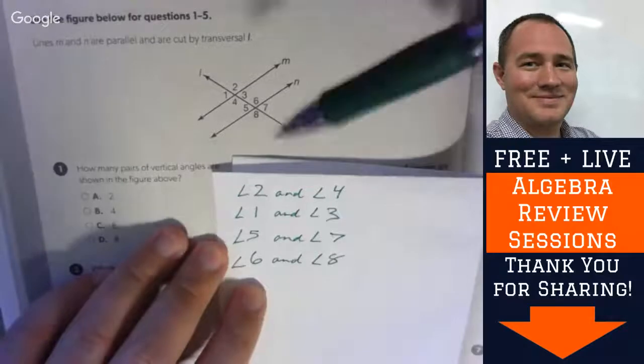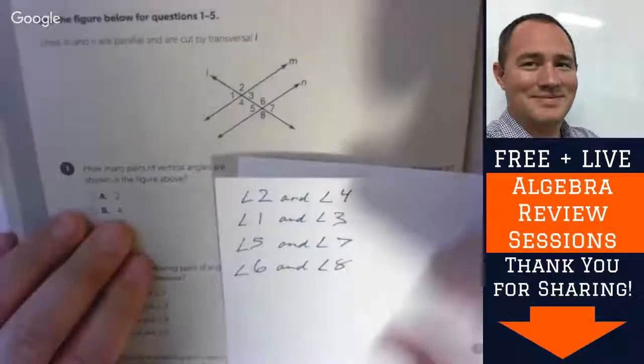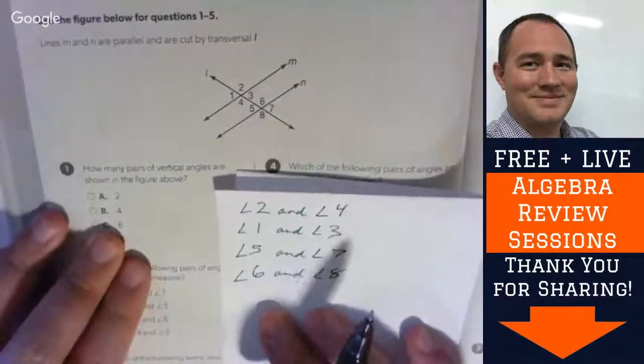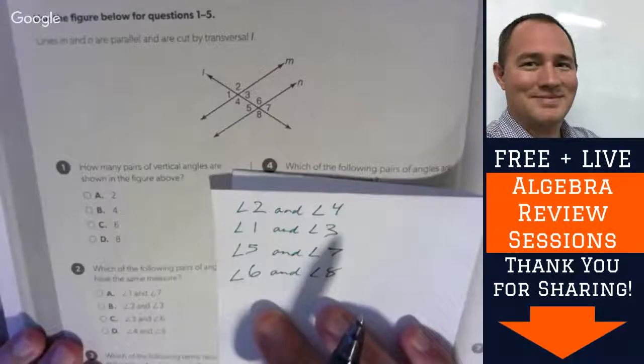Did we get them all? There's 2 here and 2 here, so that would be 4. Those are our 4 vertical angles.